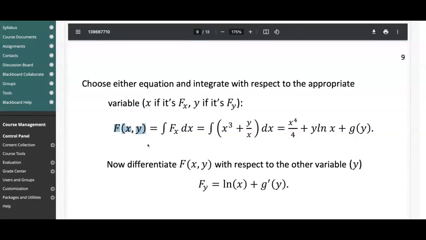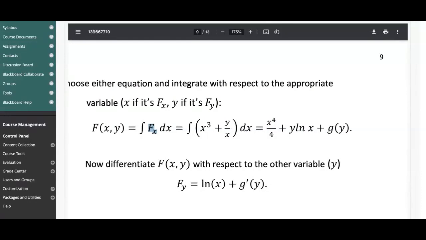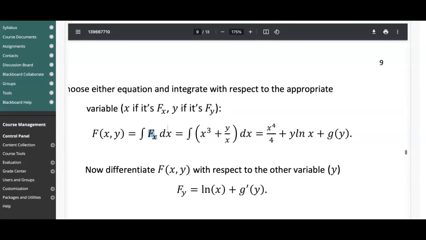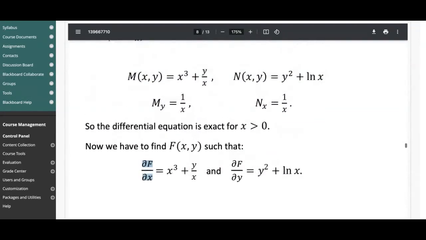So for the potential function of x, y, if we integrate partial F partial x, what do we get? Remember, as Ryan mentioned before, when we take a derivative of partial F partial x, we're treating y as constant.